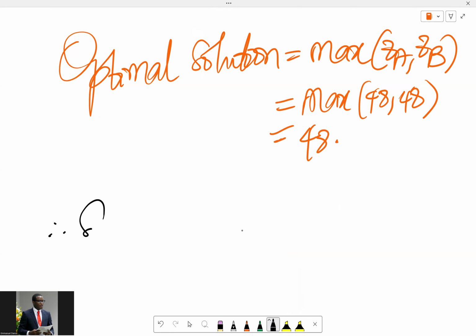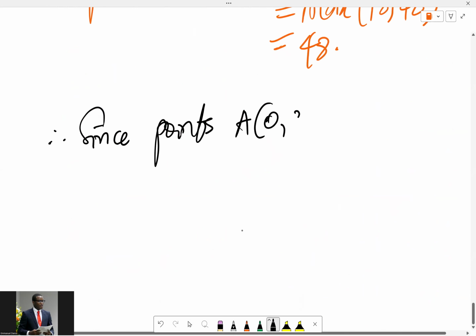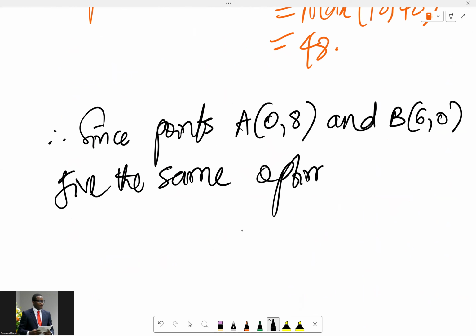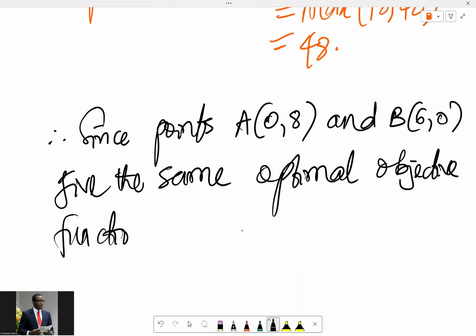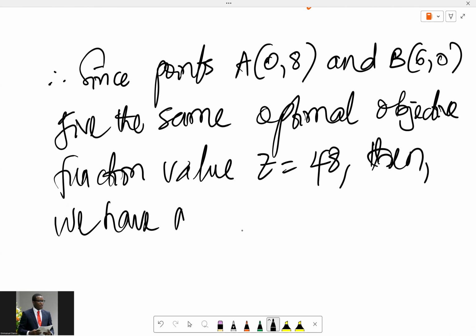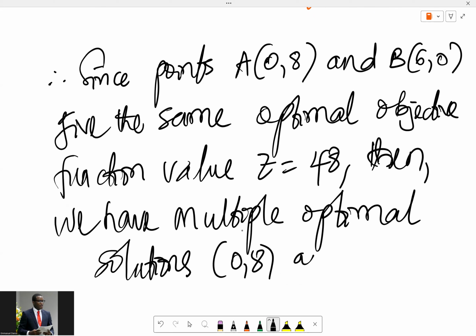So we can say, therefore, since point A is (0, 8) and point B is (6, 0), and they give the same optimal objective function value, which is Z equals 48, then we have multiple optimal solutions, (0, 8) and (6, 0).